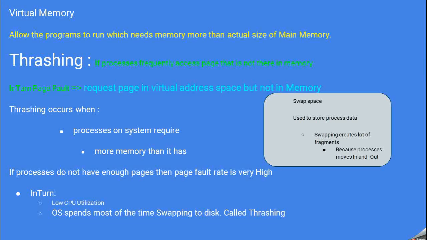So a lot of page faults will occur, and it is a problem. It will trigger thrashing, because there is a limit to the virtual memory. In that case, we have to increase the RAM, because there is just a limit to using virtual memory. Otherwise you will face these problems: because your RAM is so small, page faults will occur again and again, everything will be swapped in and out, and thrashing will occur.